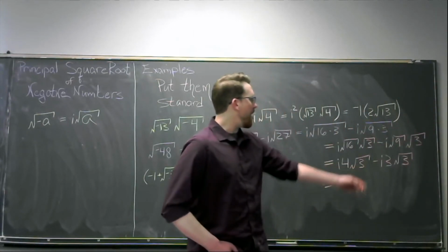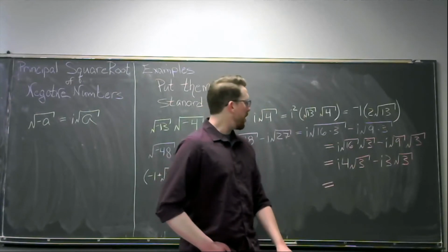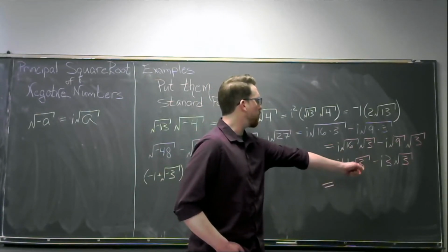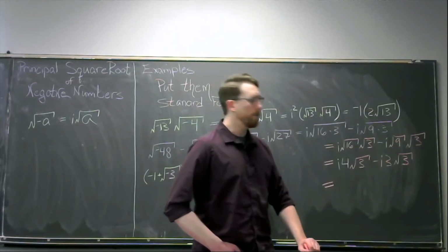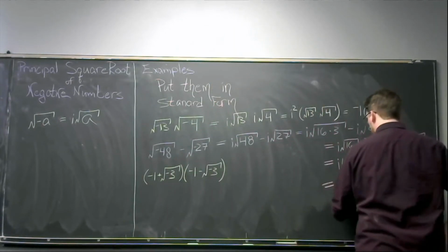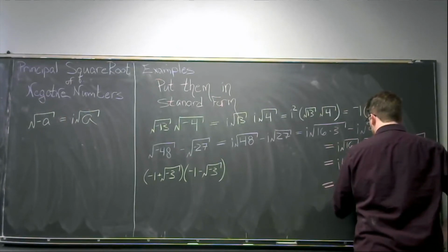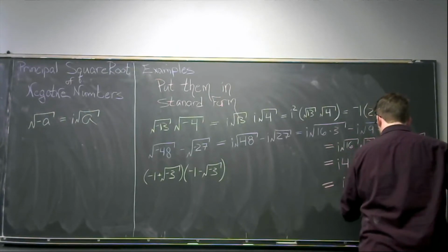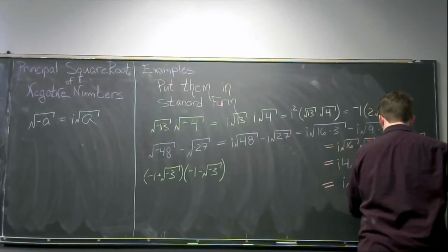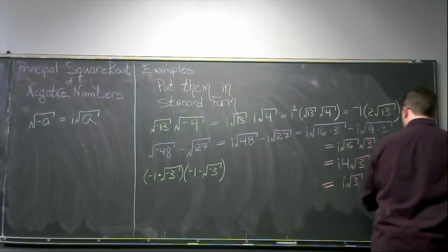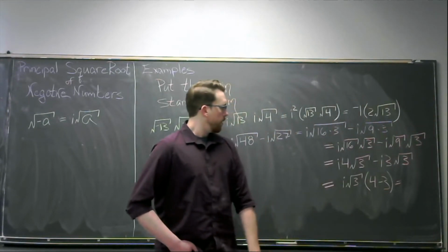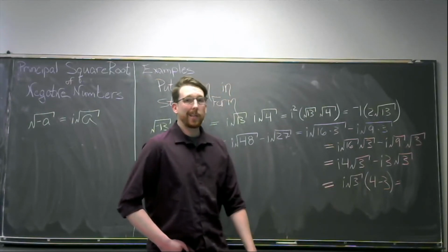Now we can pull out an i square root 3. We're going to be left with 4 minus 3 times i square root 3, which is i times the square root of 3 times 4 minus 3. This is just going to be i times the square root of 3.